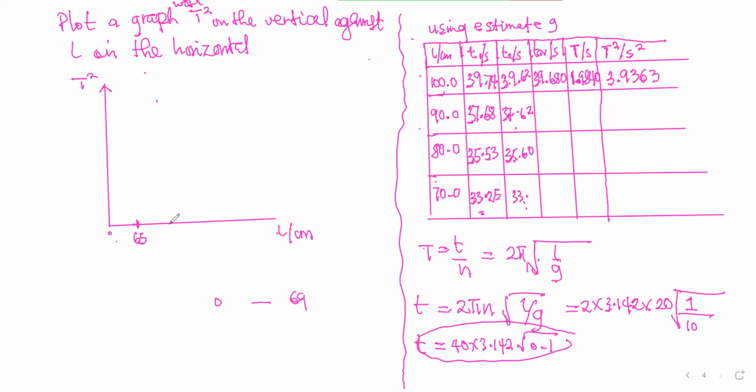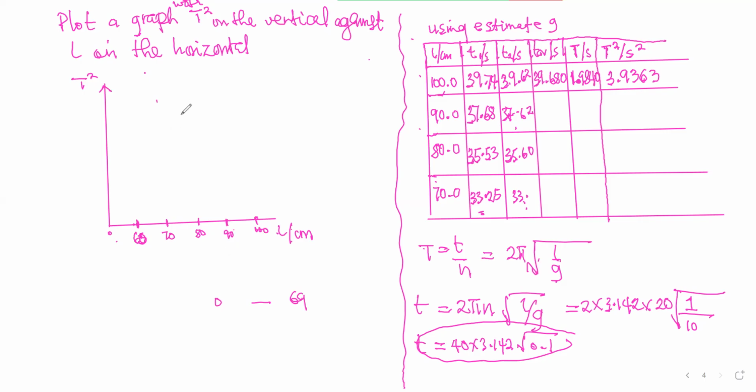So instead of starting from 0, maybe 5, 10, and so on, I can break the axis and begin with 65, or if I want it in 10, 10 intervals, 60, 70, 80, 90, 100.